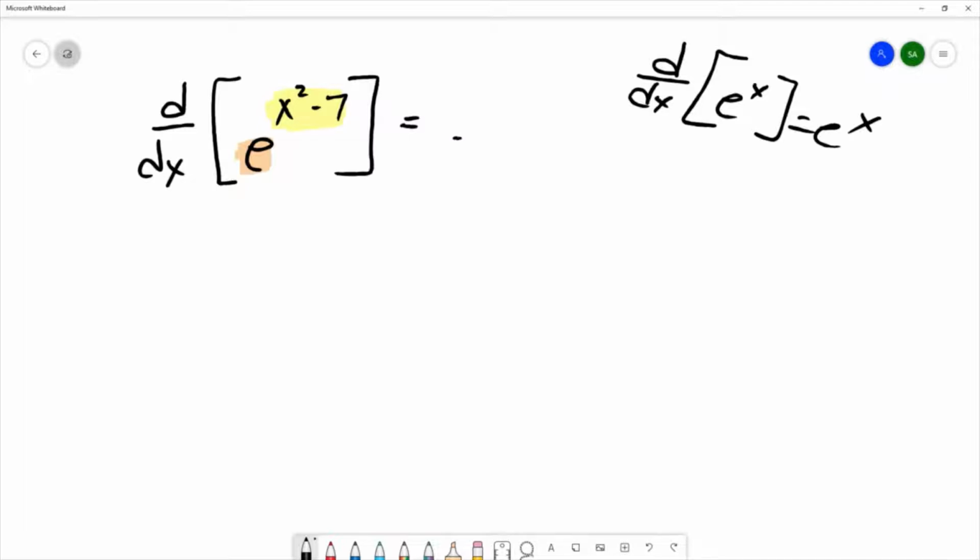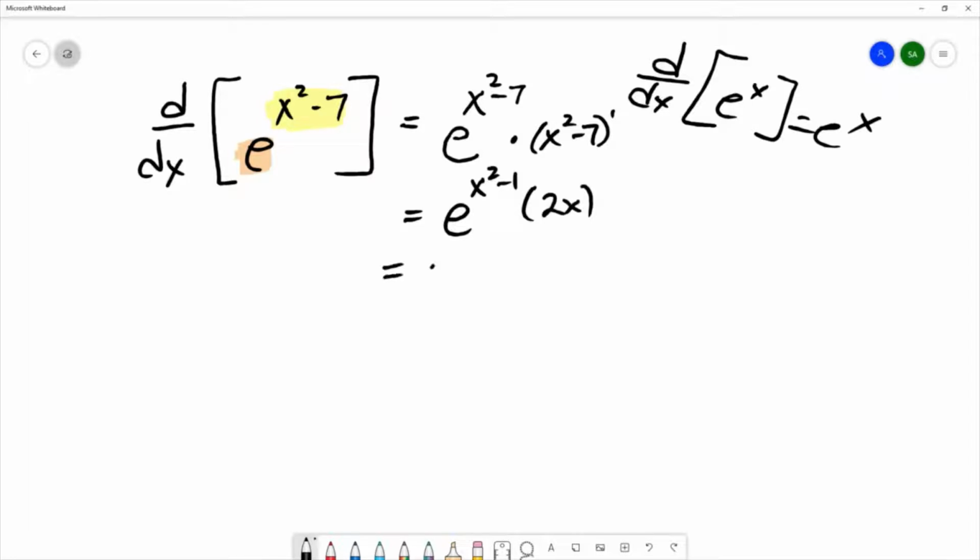So we still have e, and we leave the inside the same, and then we need to multiply by the derivative of the inside. And that would give me e to the x squared minus 7, and the derivative of x squared minus 7 is 2x. So I would write that derivative as 2x e to the x squared minus 7. So this should be a minus 7 here.